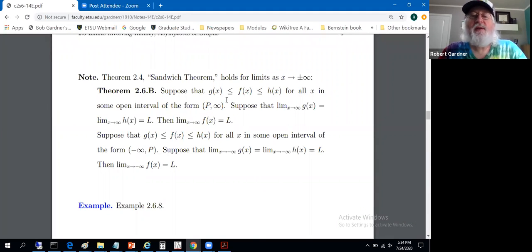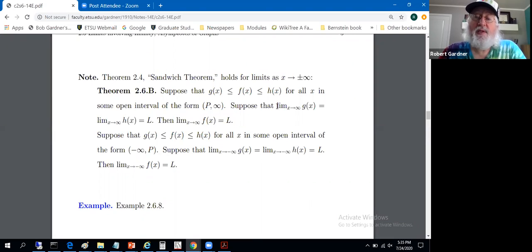Suppose g of x is less than or equal to f of x is less than or equal to h of x, so f of x is sandwiched between g and h, for all x in some open interval of the form p to infinity. This inequality holds for sufficiently large input values, sufficiently large x. And that's what you look at when you look at limits as x approaches positive infinity.